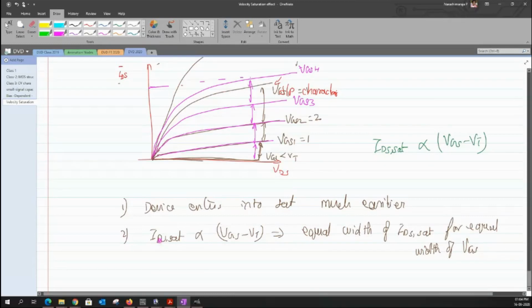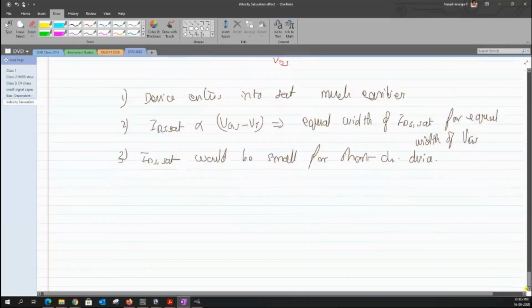Clear? So this is the second thing that I can see. And also the current that I would get, the ID sat, would be small for a short channel device. So these are the 3 physical phenomena that I can observe.